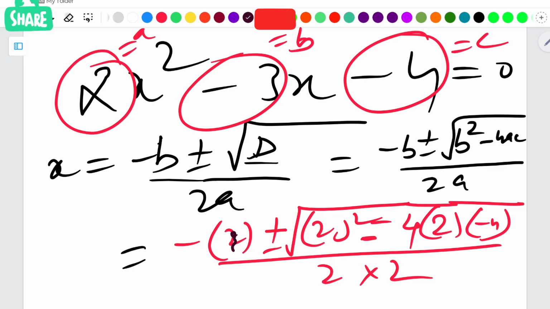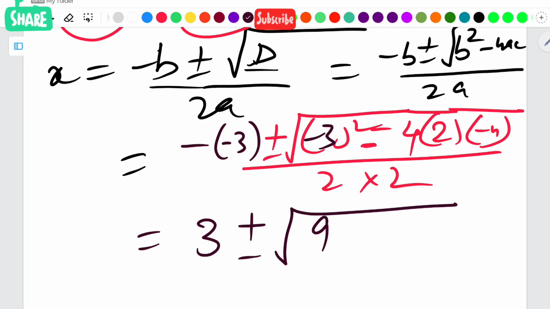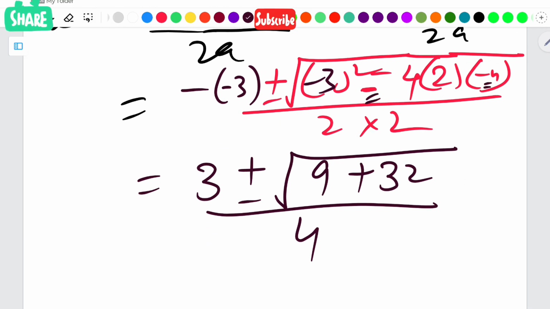Sorry, b is minus 3. Okay, so minus 3 square, this is also minus 3 square, isn't it? Now see, 3 plus minus, this is 9, 4 times 2 times 4 is 32, and 9 plus 32 is 41, since this minus and this minus will become plus.